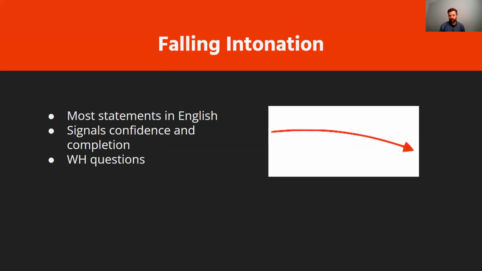And part of the reason perhaps for this is that WH questions already very clearly signal that they're a question with the WH word: who, what, where, why, when, or how. And so we perhaps don't need that rising intonation pattern at the end to show that it's a question, because the WH question word is doing the question signaling for us quite clearly.